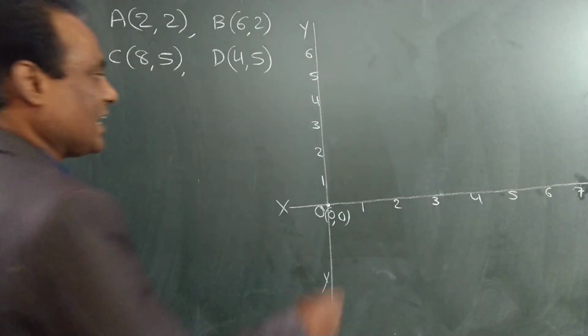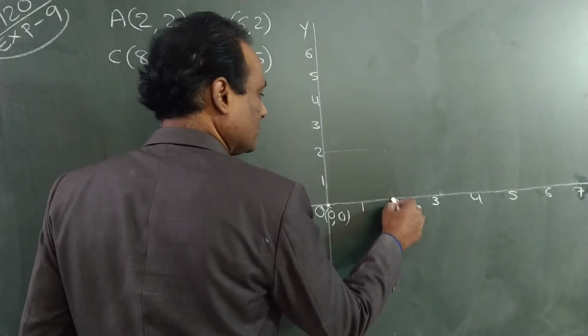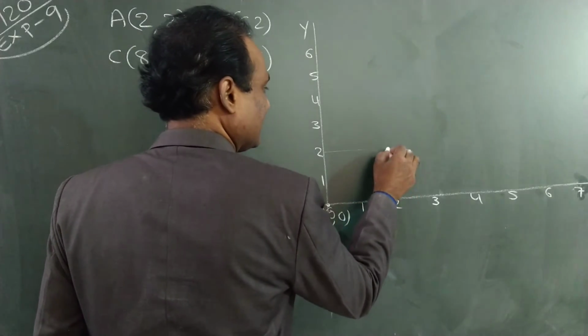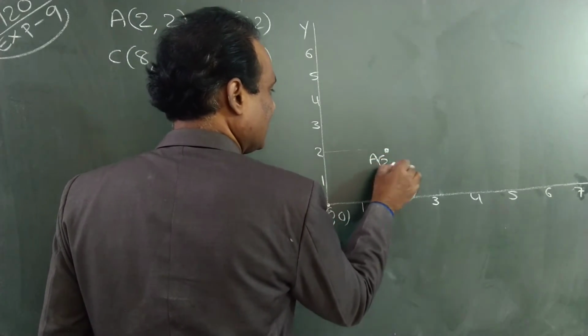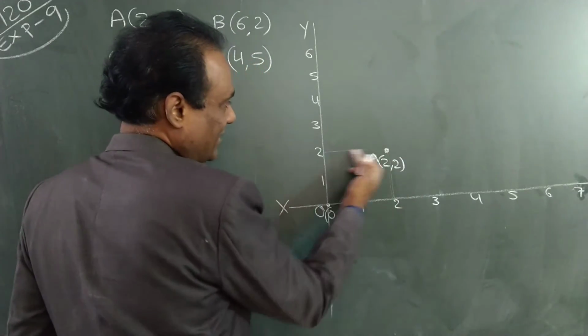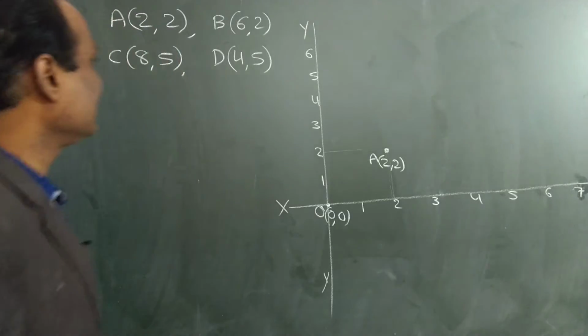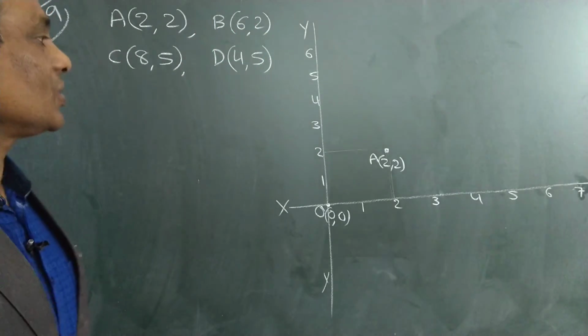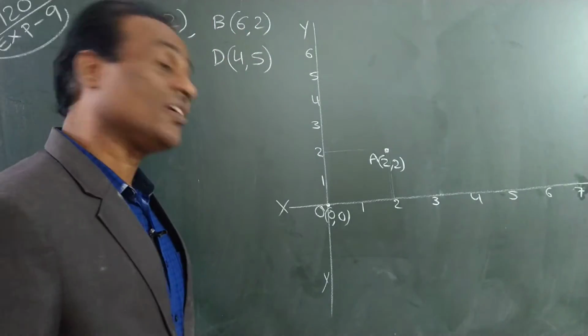Now, A(2, 2): X value 2, Y value 2. B(6, 2): X value 6, Y value 2 only.